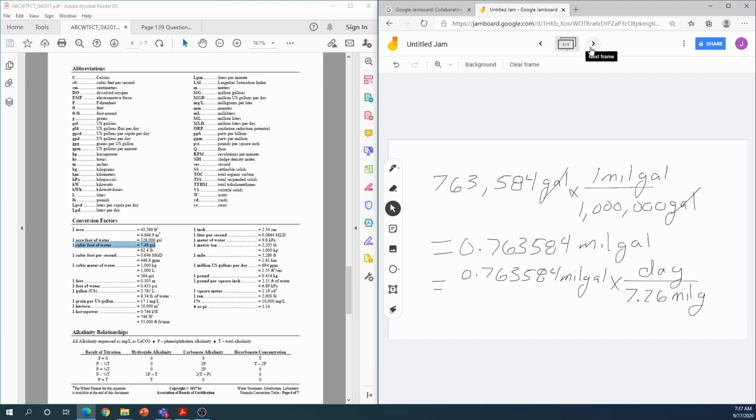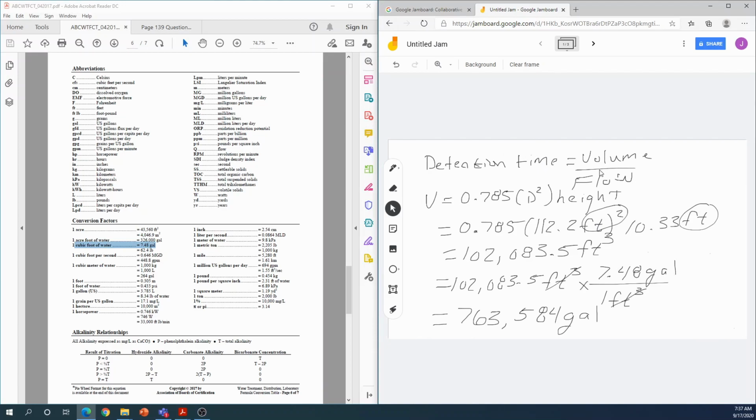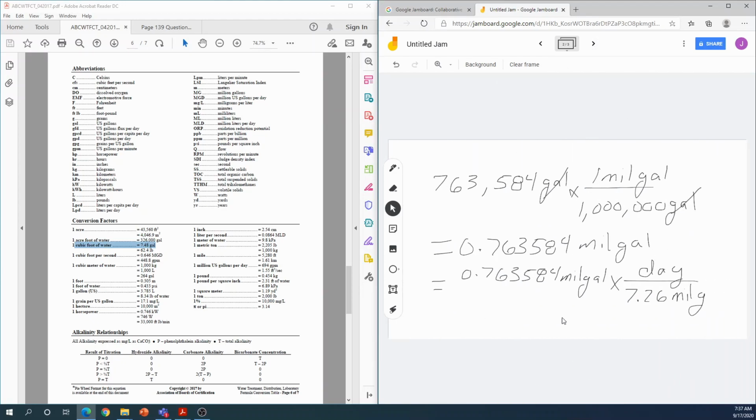So again, our original equation was detention time is equal to volume divided by flow. So what I've done is I have my volume, 0.76 million gallons, divided by my flow of 7.26 million gallons per day.